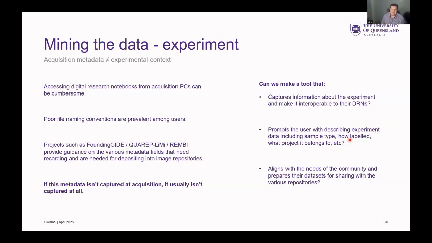So what kind of sample did they have? How is it labeled? What project does it belong to? Because if they say it's from XYZ projects, now I know what grant funded it, whether there's ethics attached to it, and a whole bunch of other information. Who was the PI? All this stuff falls into some of these categories that REMBI is guiding us to say that we need to be collecting.